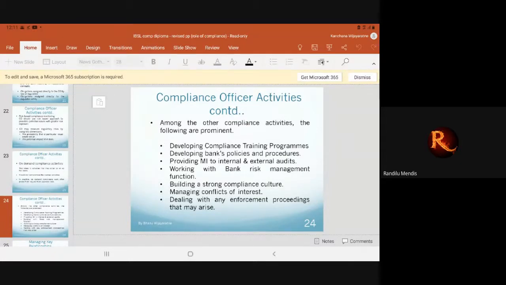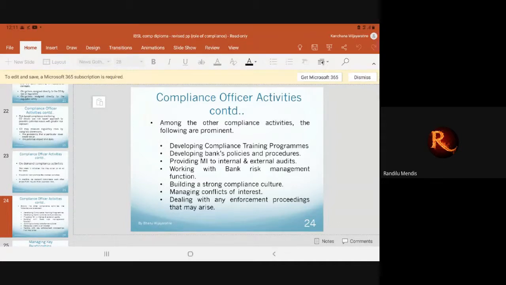So these are the good governance principles and practices which involve the conflict of interest, and the compliance needs to make sure that sufficient processes, procedures and mechanisms are there within the organization to avoid and manage conflict of interest, right? And also compliance needs to deal with the enforcement proceedings that may arise. Certain compliance officers are very much familiar. They are dealing with the law enforcement agencies, the CID, TID, FIU, right?